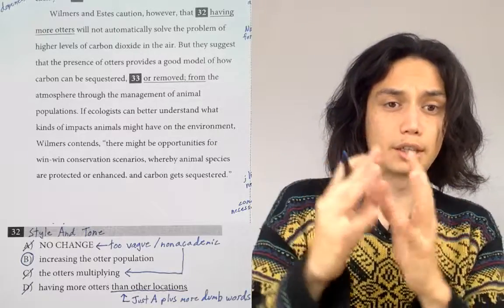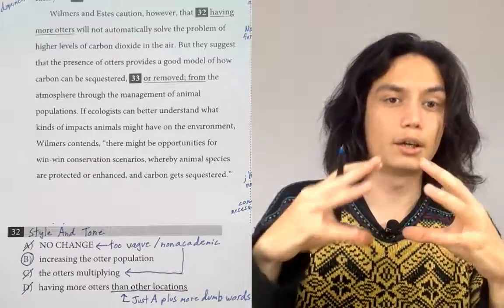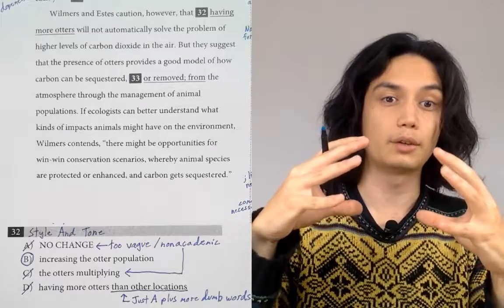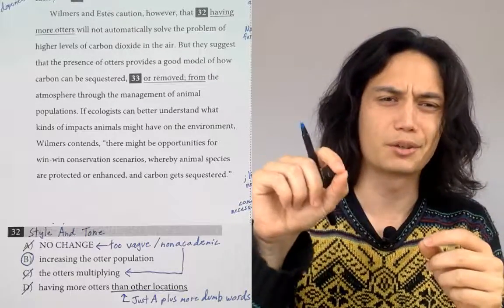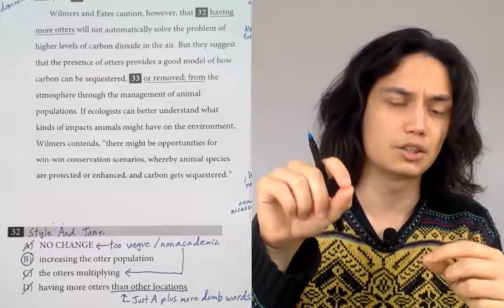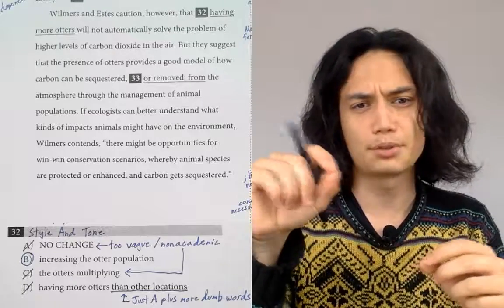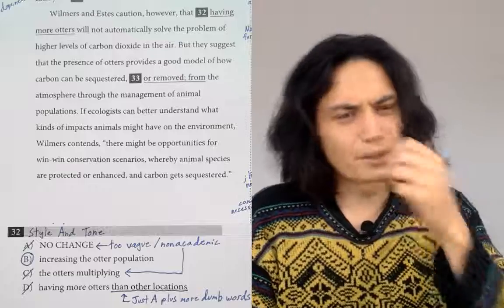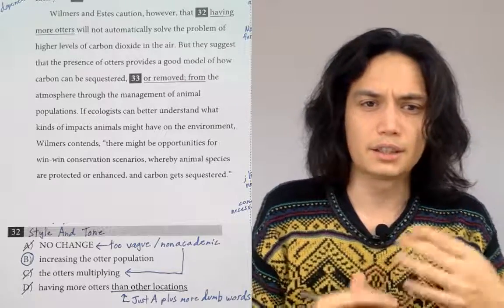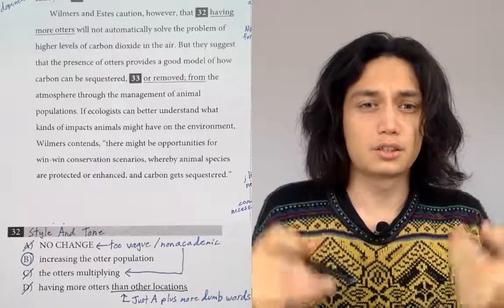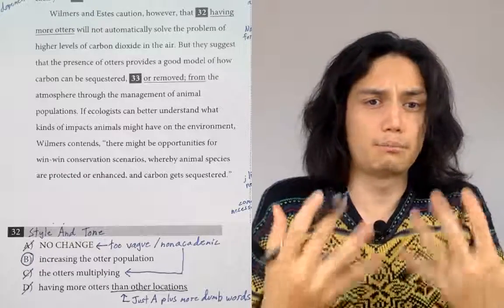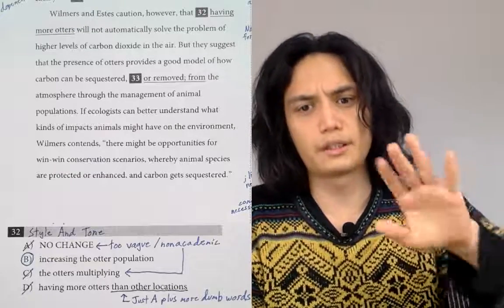We are talking about the absolute number of otters around the world, increasing the otter population around the world, not increasing it here as opposed to Indonesia, or the west coast of North America as opposed to Indonesia. But you don't need to go that deep. Really, having more otters than other locations doesn't add anything super important, so we can just get rid of that.